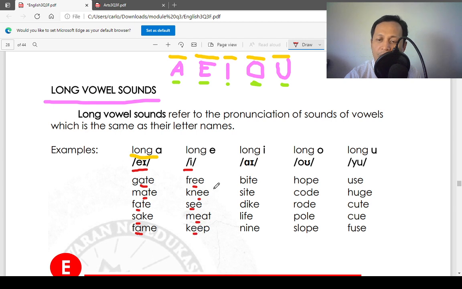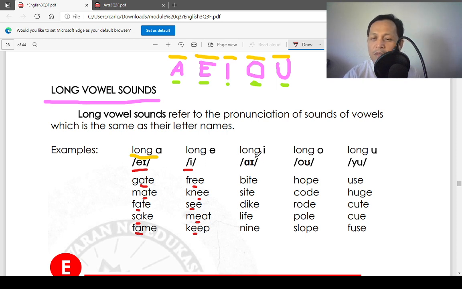We have free, me, see, meet, keep. They all sound as E. Again, free, me, see, meet, keep.